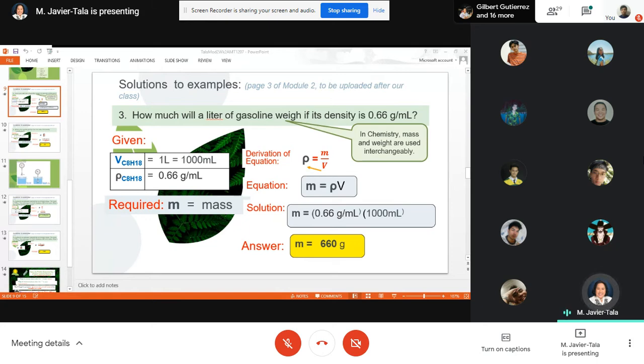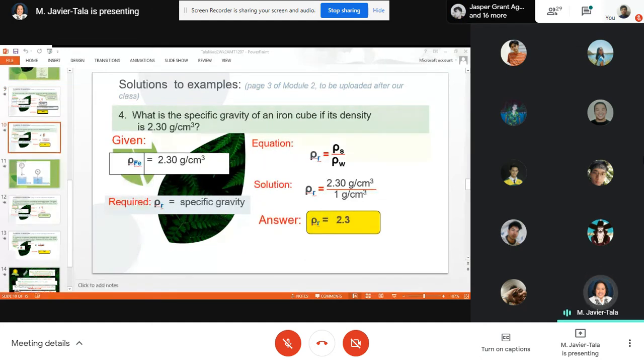When you solve for specific gravity, take note of the given units, because from there you will consider what value of density of water you will use. For our equation, rho r equals the density of your substance divided by the density of water. Since the unit is gram per cubic centimeter, we will use the density of water as 1 gram per cubic centimeter.